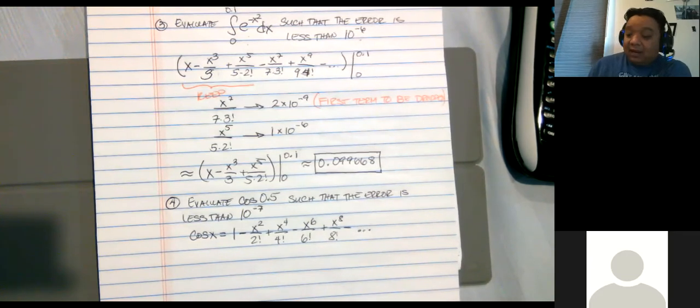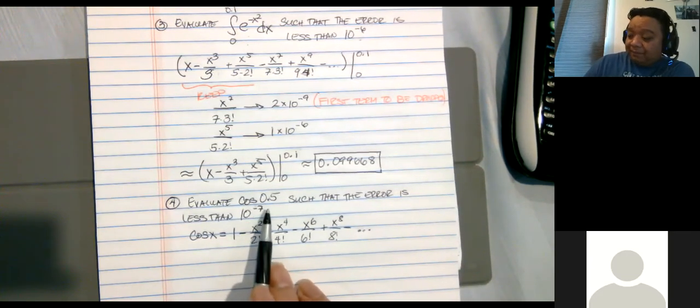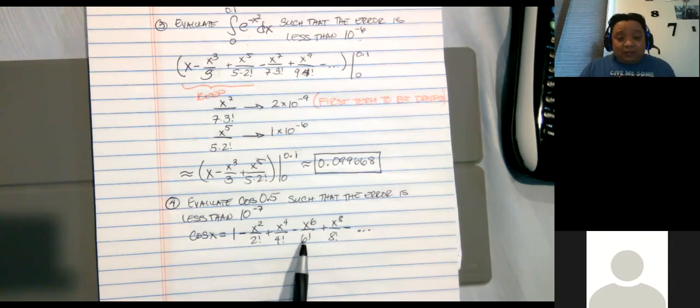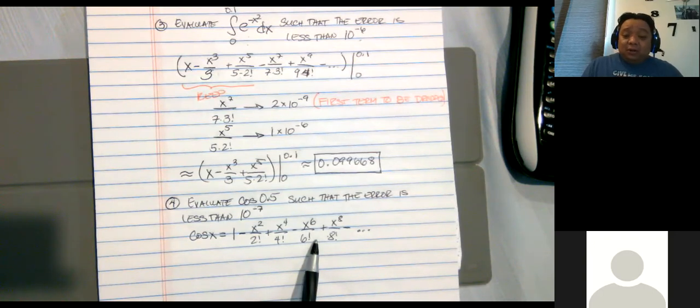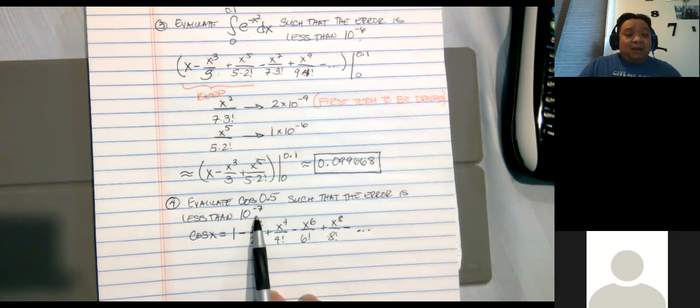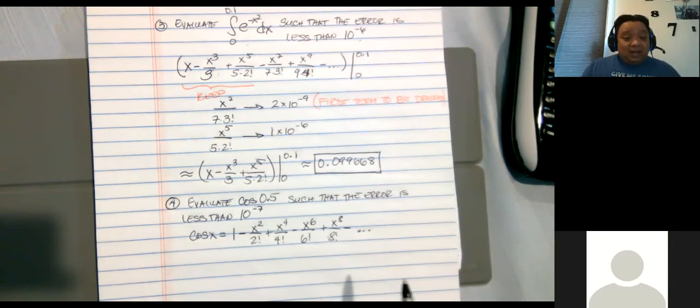Now you're going to plug in 0.5 for x. First figure out which term you are going to drop first. How do you know which term to drop? You plug in 0.5 and see which one is less than 10 to the minus 7. So go ahead and do that for this problem.